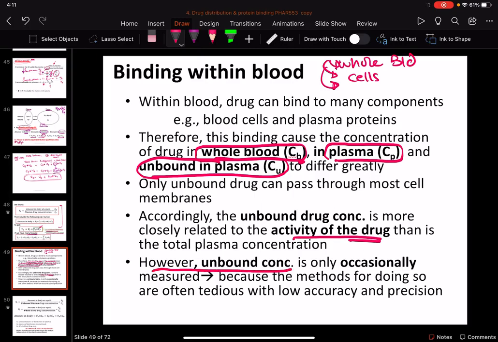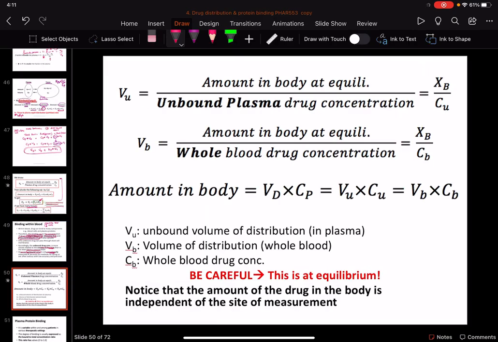But usually it's hard for us to measure the unbound concentration, because the methods used for the unbound concentration are hard. So what we usually do, we could have measurement using different concentrations as I'm showing you here in this slide, but you need to take into consideration that we need to have the case of distribution equilibrium to be able to use those equations.